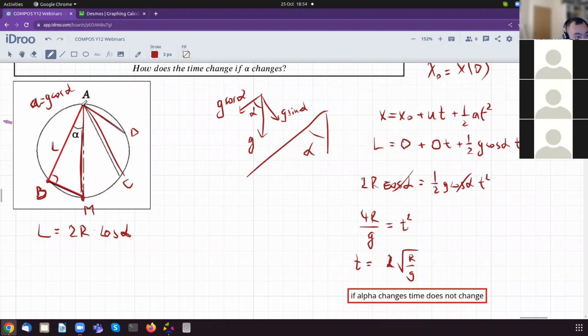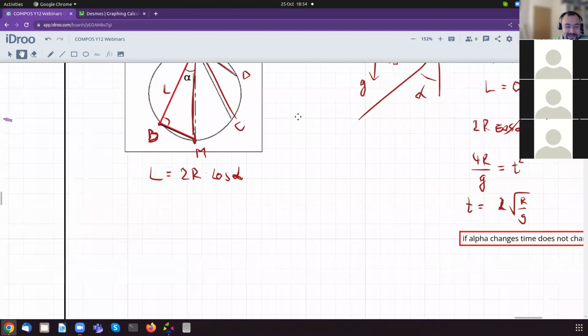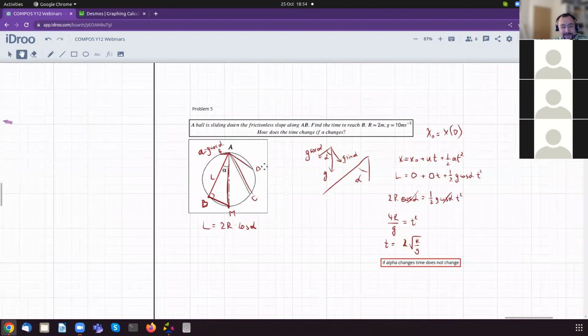And if you go from A to, I don't know, E, which is really, really close, no matter how close it is, because AE is almost horizontal, it will go really, really slowly, and it will reach E at exactly the same time as it would reach M. So yeah, this is a beautiful problem in a way.